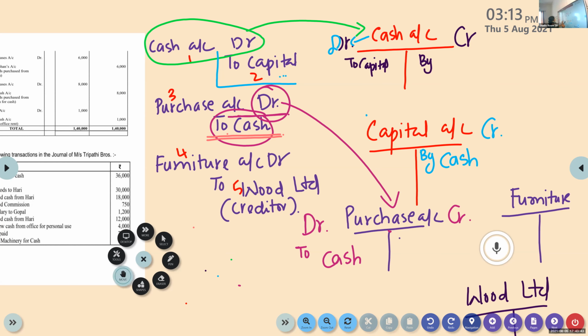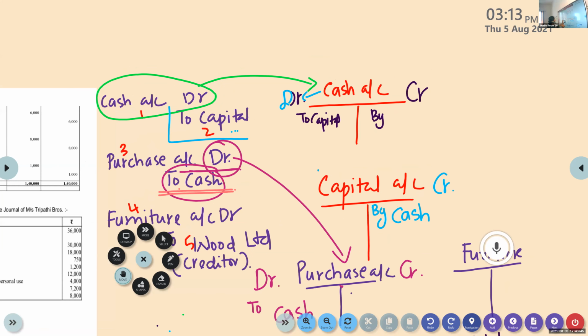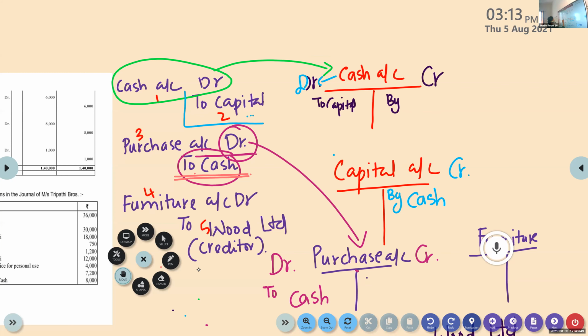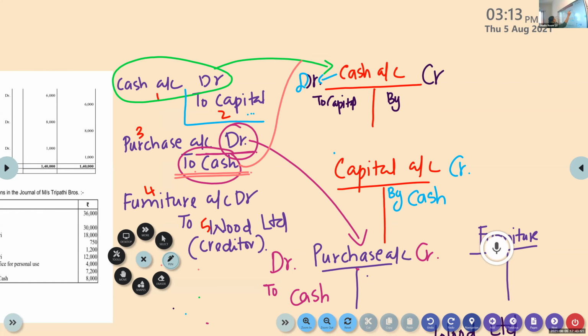So come to the cash account now. In the second transaction, cash account is credited. That means on the credit side, what should I write?